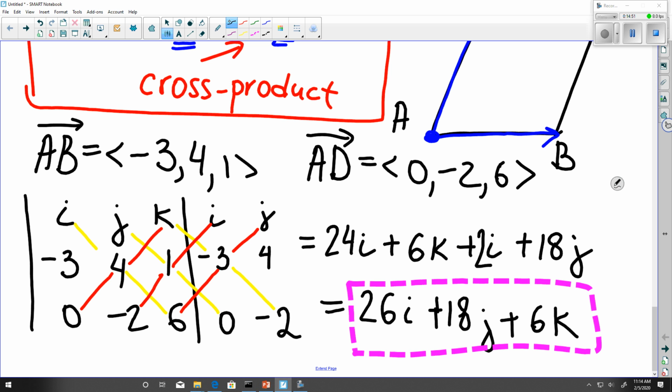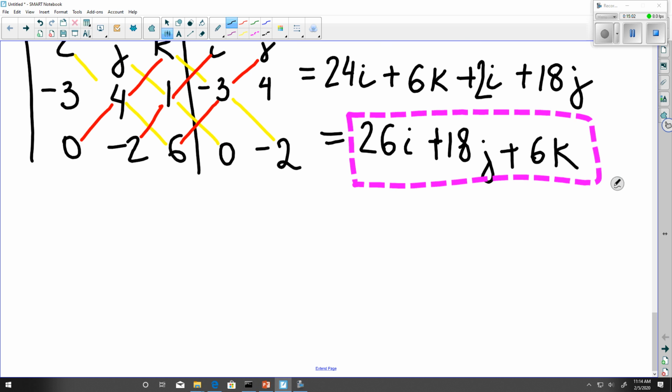Please check my cross product. Hopefully this is the right cross product. I think it's, yeah, I have the same in the answer.